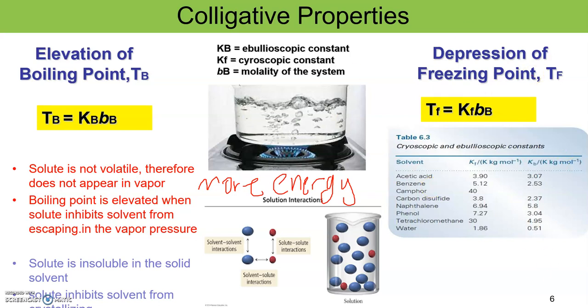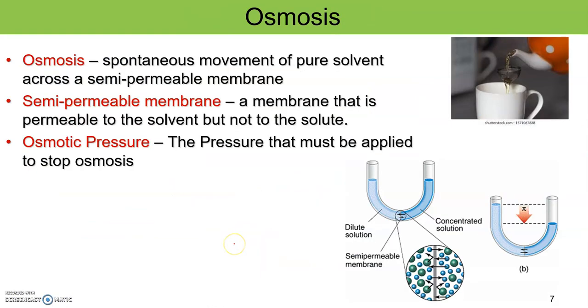So if we only have water in our solution, we only have a solvent interaction, or water interaction only. However, when we have another foreign element, there is more interaction. More interaction leads to more energy, and more energy leads to a rise in boiling point.